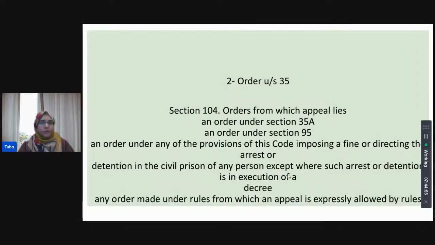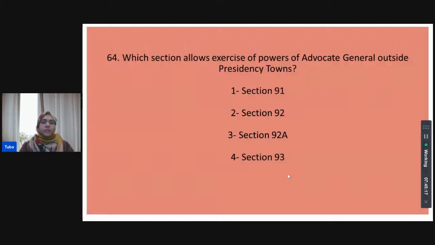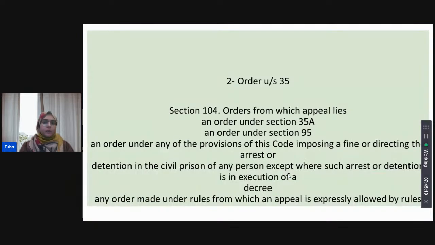It's orders under 35, right? 35 are not appealable. 35A and 95 are appealable. It was asking us which is not appealable per 104. So 35 is not appealable.